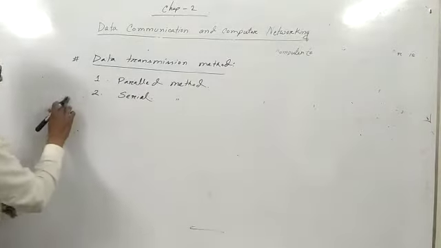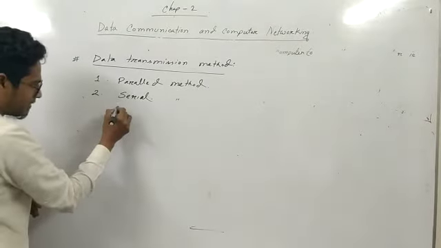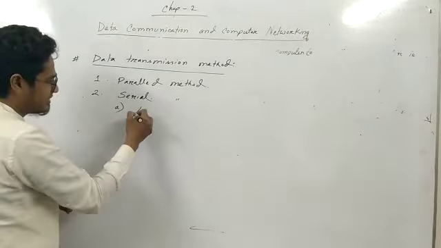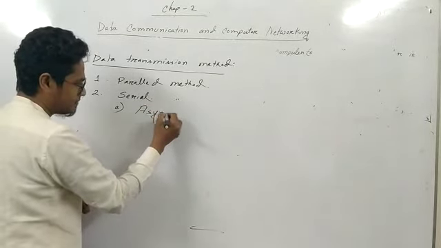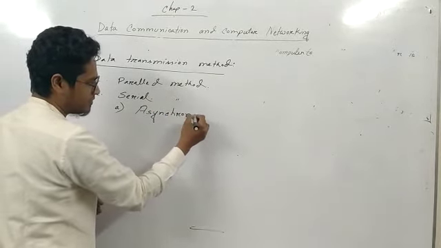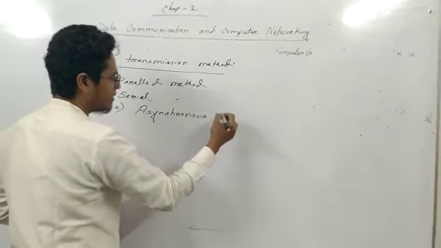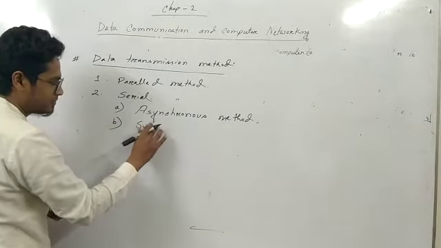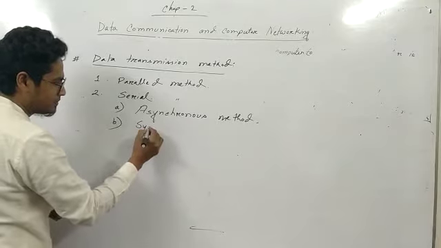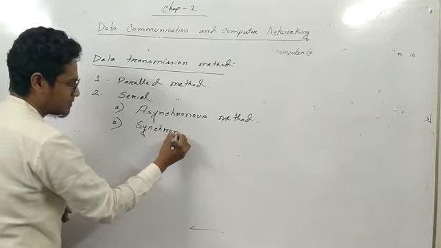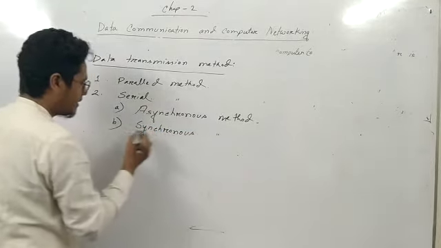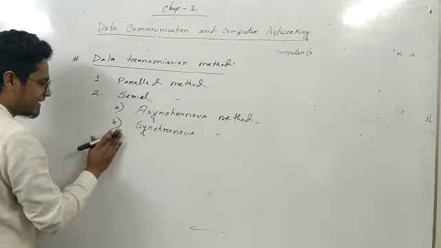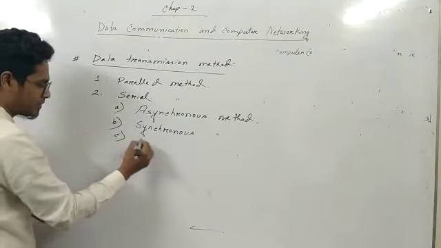Serial methods have three kinds: A is the asynchronous method, B is the synchronous method, and C is the isochronous method.